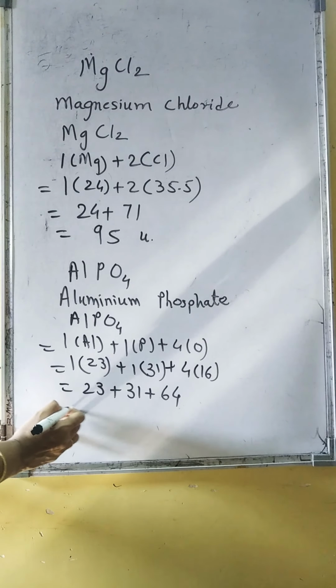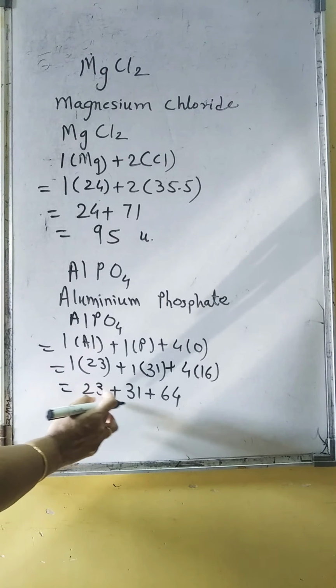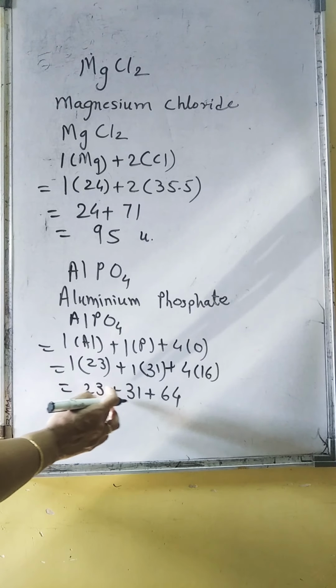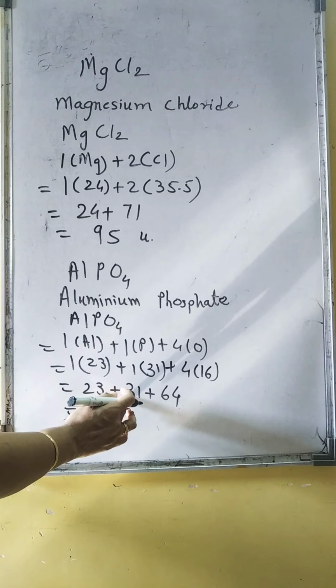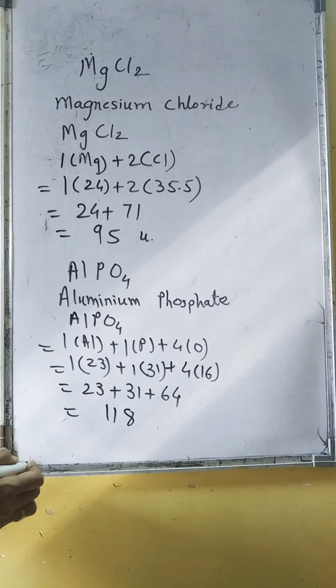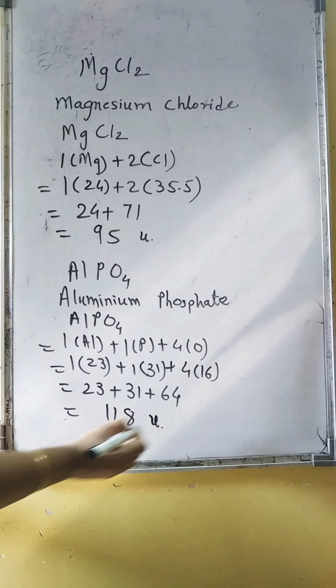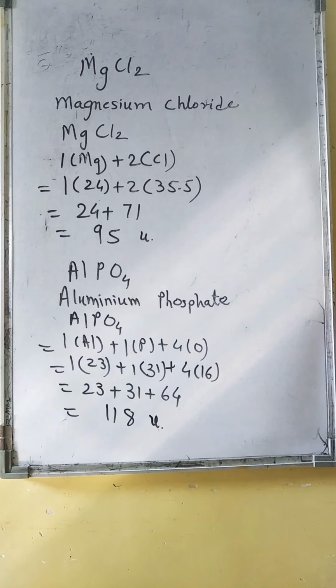So 4 plus 1, 3 plus 1, 4, 4 plus 4, 8. 6 plus 3, 9, 10 and 11. So you have 118 Dalton.